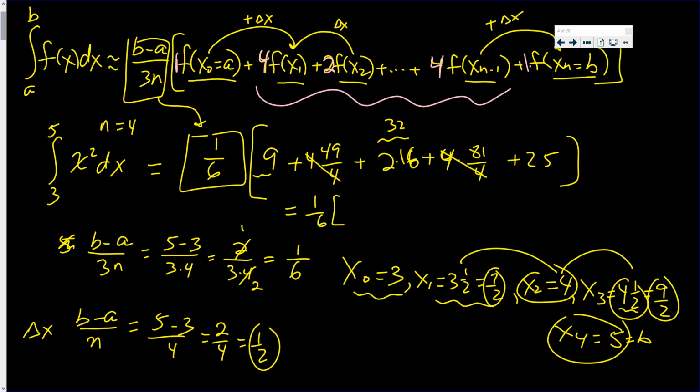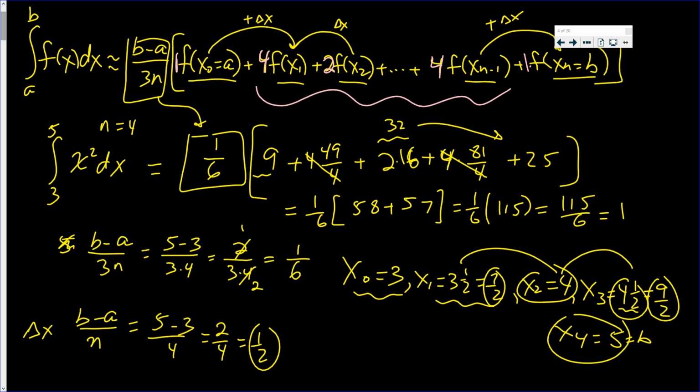Those two numbers add up to 115. And the final answer is 115 over 6, which is 19 and 1/6.